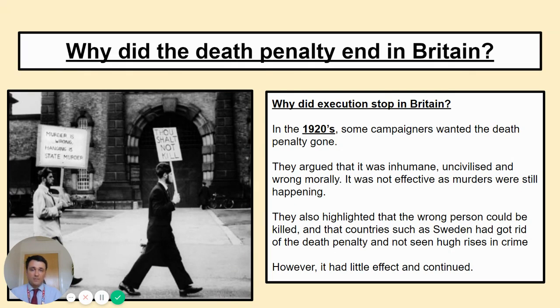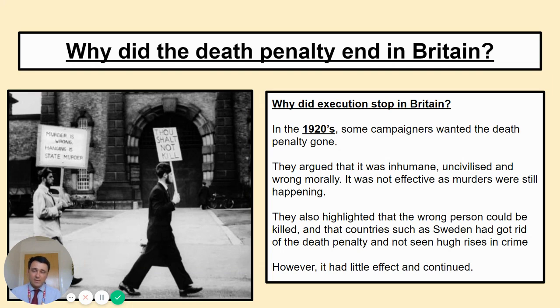And they also argued this clearly isn't effective because murders are still happening, so this isn't a deterrent. They said it was possible for the wrong person to be killed. And they said, look, countries like Sweden have got rid of the death penalty, and it's not affected the amount. The murder rate hasn't shot up in Sweden since they got rid of the death penalty. Well, we could be the same in Britain.